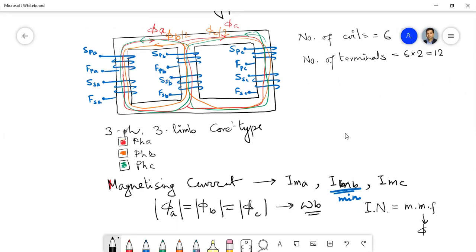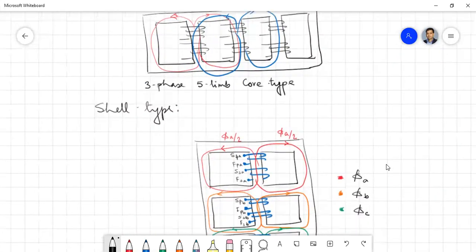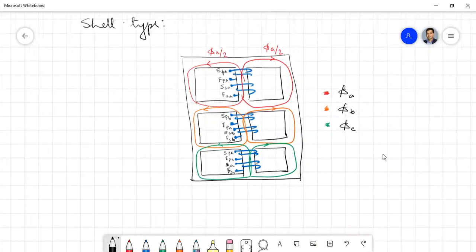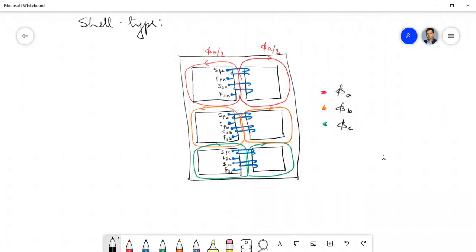But here the figure is a little bit clear. So from that you will understand very clearly that everywhere inside the core you don't have the contribution of all phases' flux.